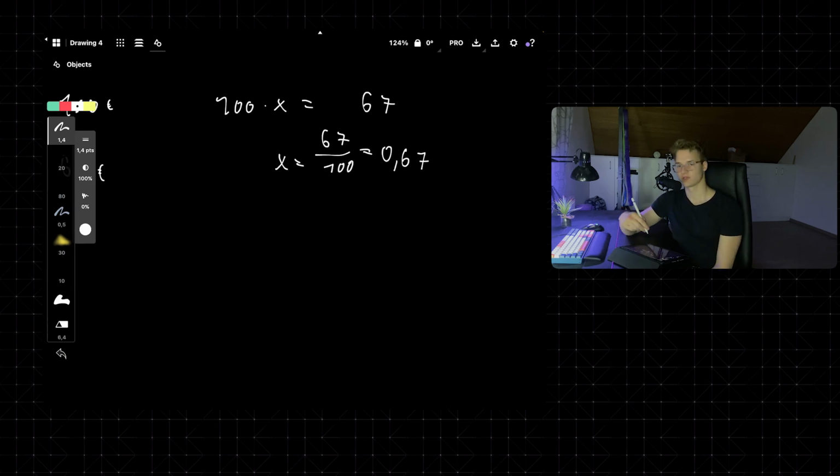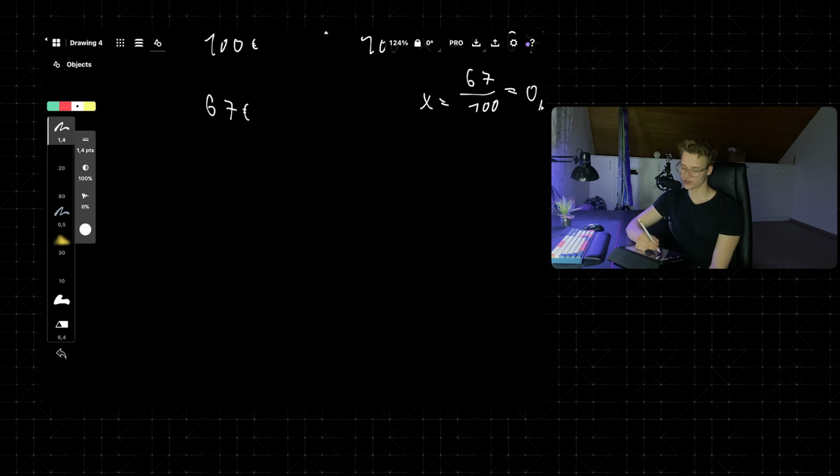Now, this one is quite simple, but let's say that the original price was 67. Let's say you were playing a card game and you get a really rare card, and now suddenly they also make it a limited edition. So its price went from 67 euros to 100 euros. And they want to say, how much did the price increase?